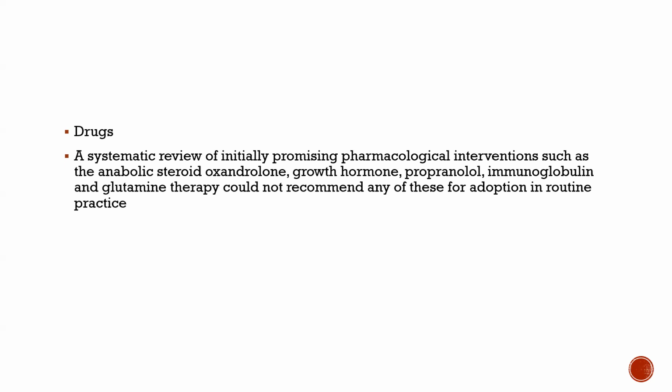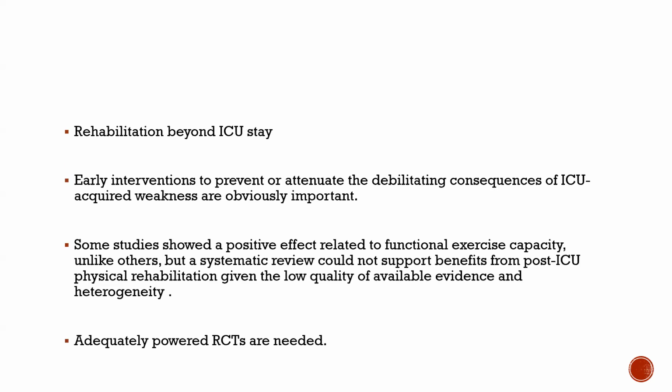A systematic review of initially promising pharmacological interventions, such as anabolic steroids, oxandrolone, growth hormone, propranolol, immunoglobulin, and glutamine therapy, could not recommend any of these for adoption in routine practice. Now, rehabilitation beyond ICU stay.